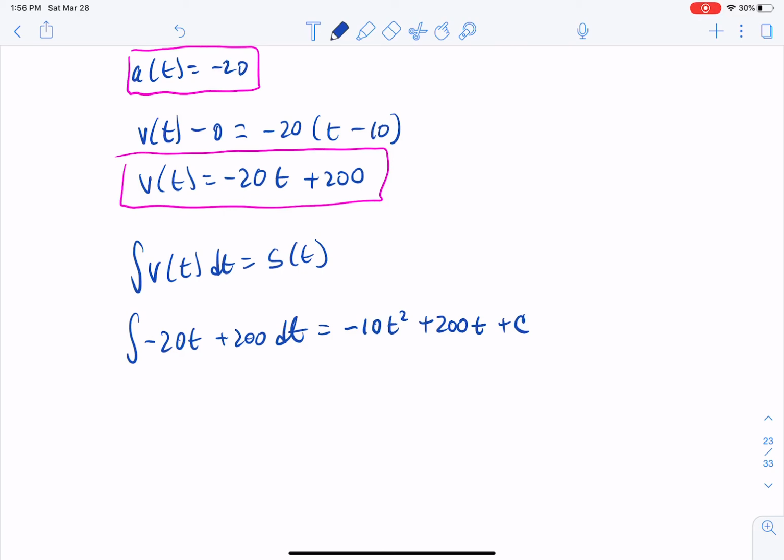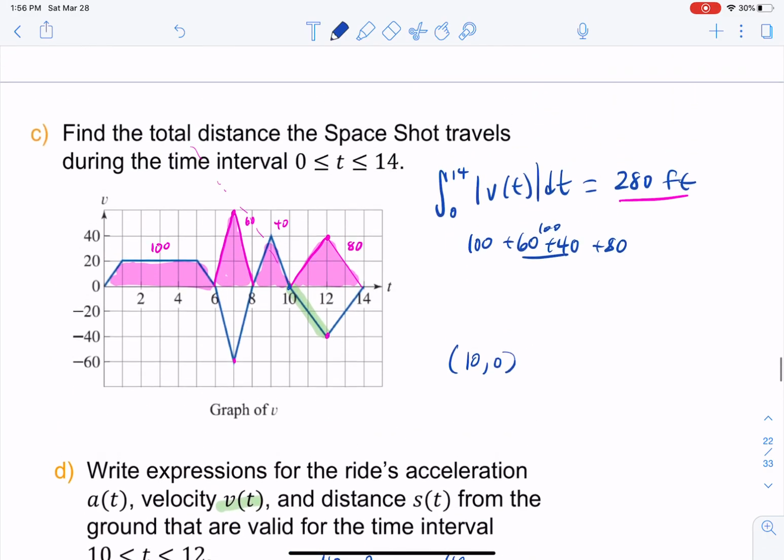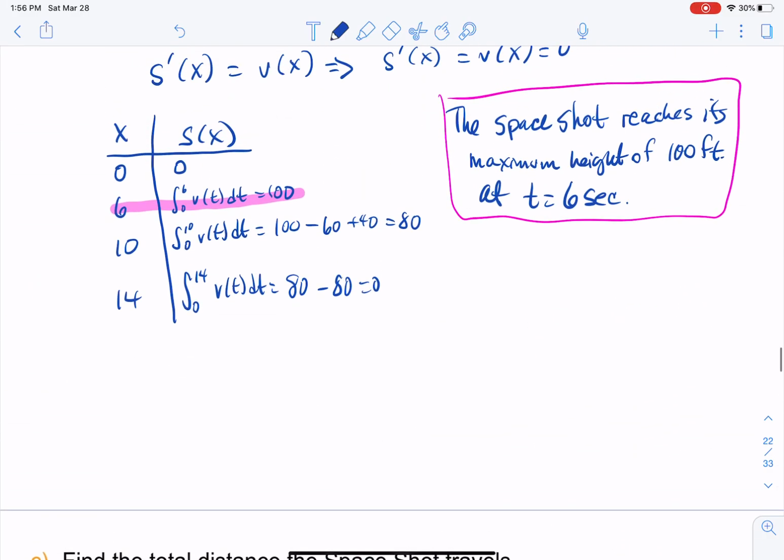One of the tougher parts is figuring out how to find that c value. I'm going to find it by looking at the position we came up with at 10. At 10, it is 10 comma 80.